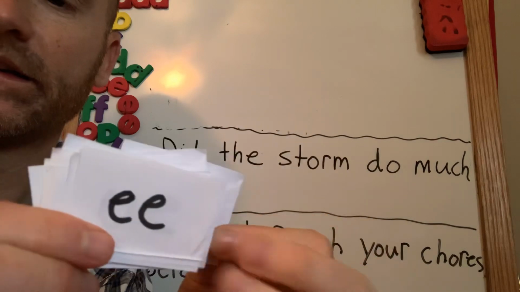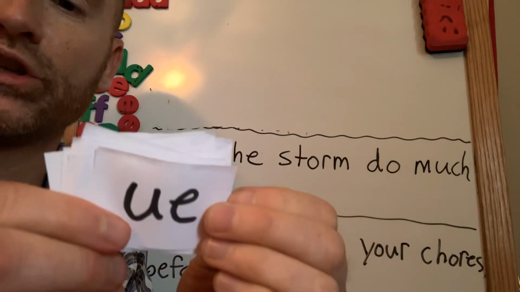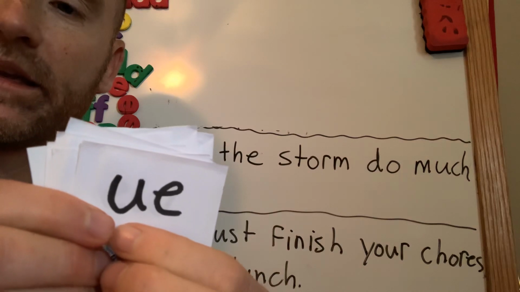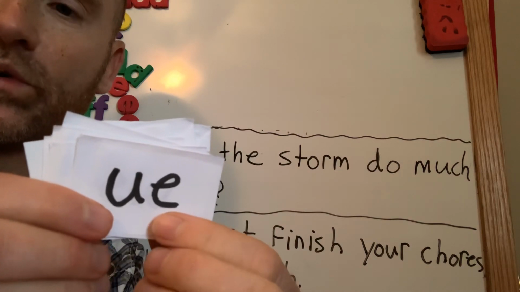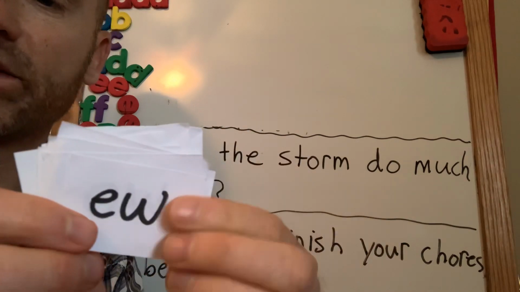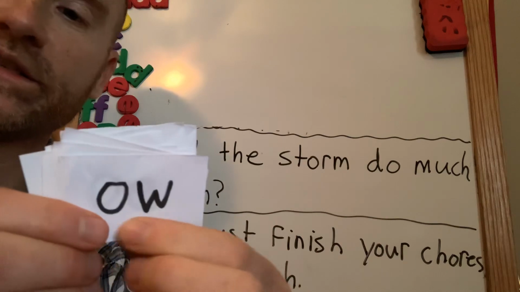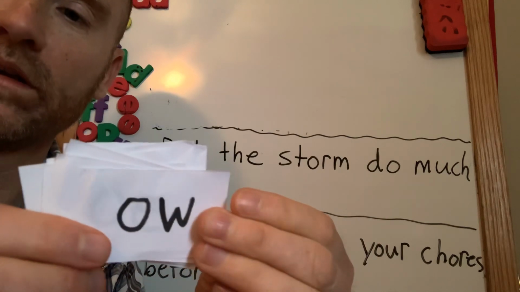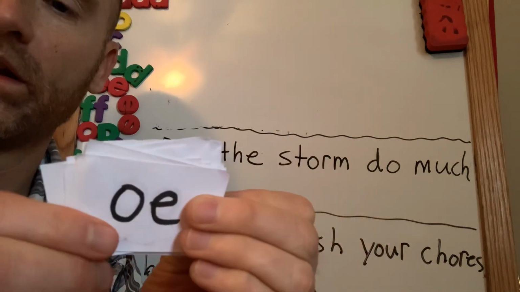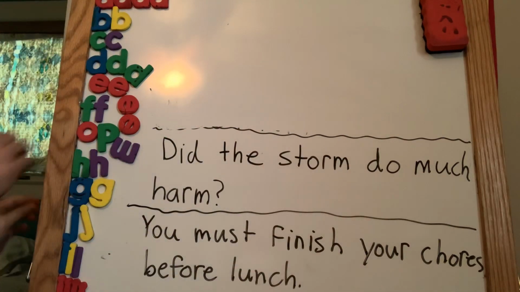E. E. U, okay? Like in rescue, or oo, like in blue. What sound? Oo. O, like in snow, or ow, like in plow. O. Very good. All right.